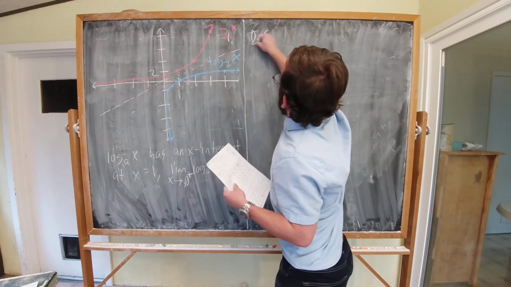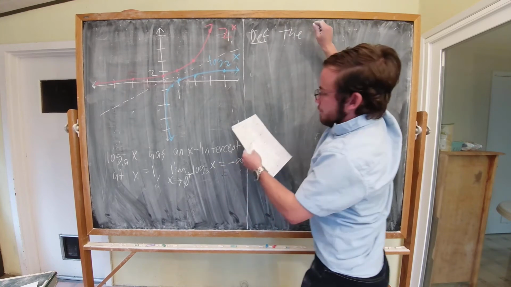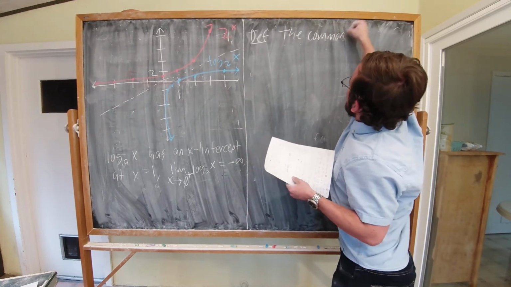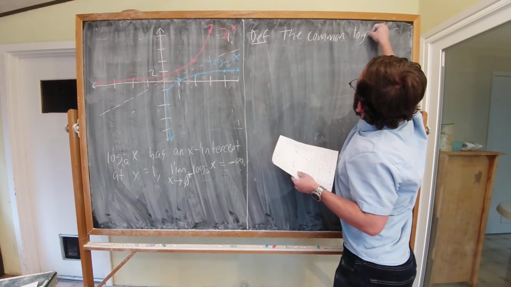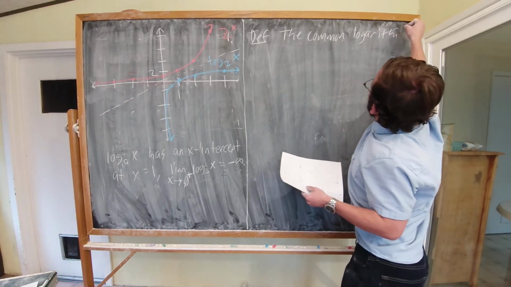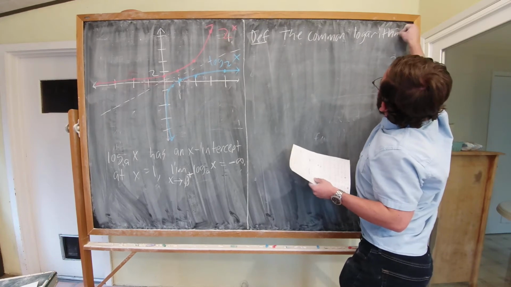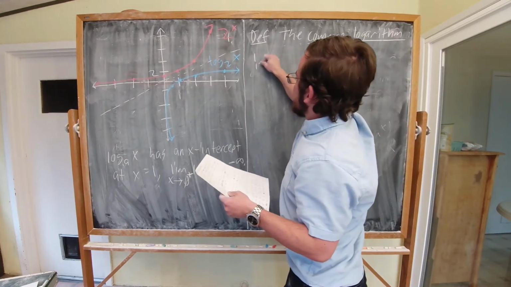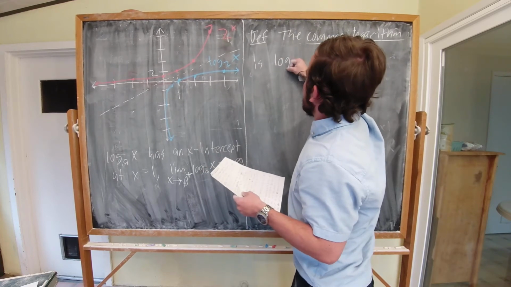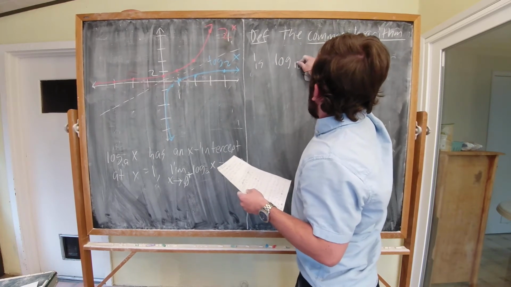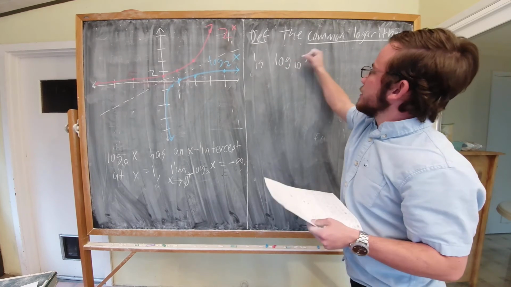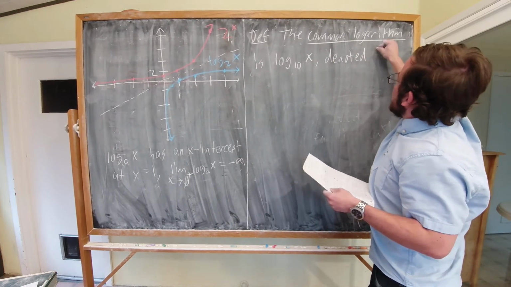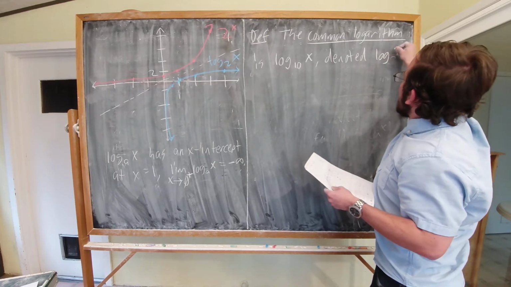definition. The common logarithm is log base 10 of x, denoted log x.